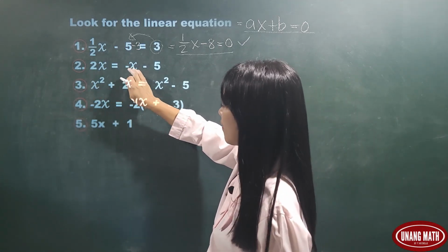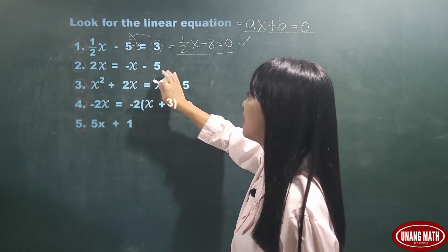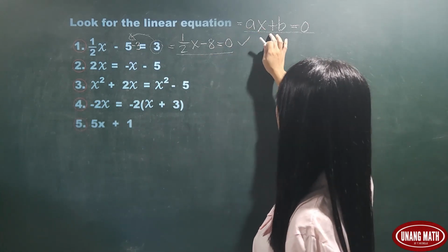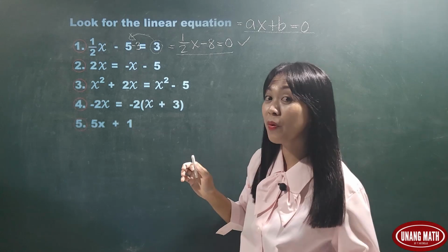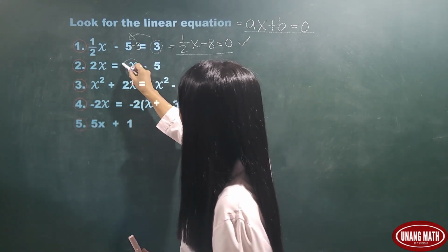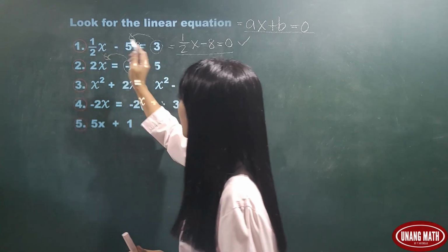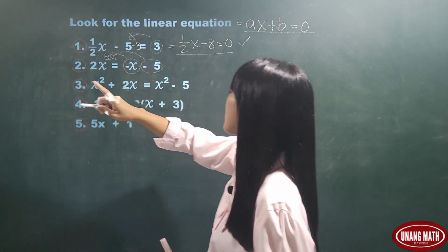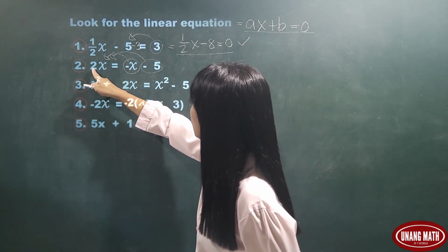2x is equal to negative x minus 5. We will make this equation in the form ax plus b equals 0, and we can do that using transposition. So move negative x to the left side of the equation, and negative 5 to the left side of the equation. So it will be 2x.